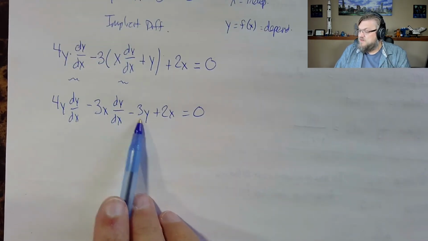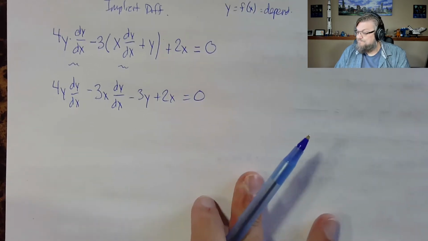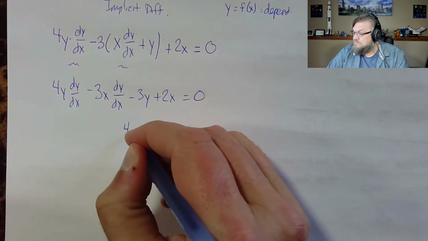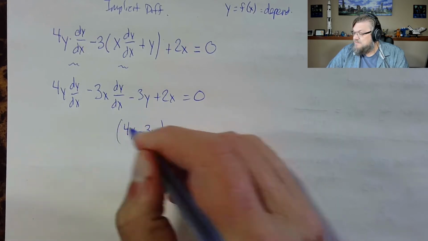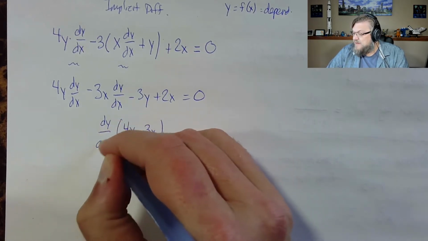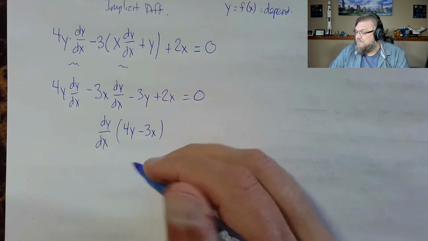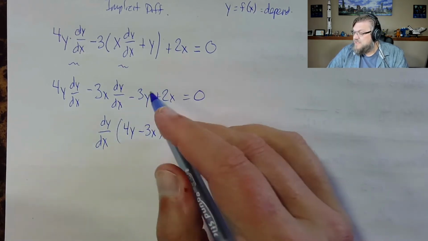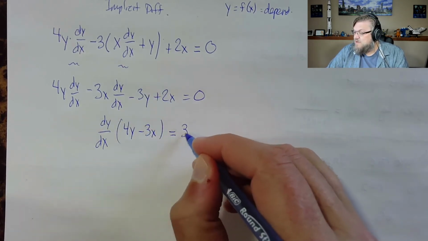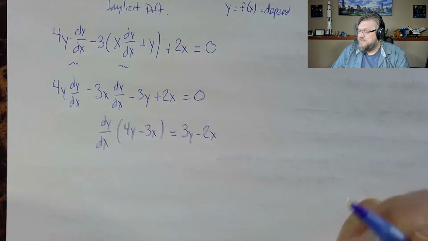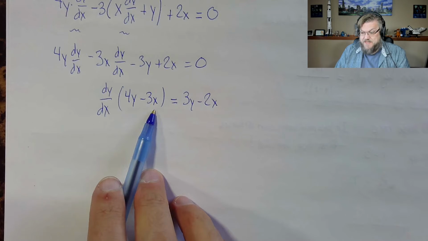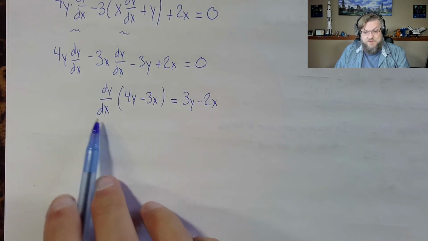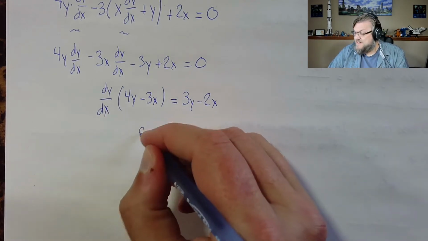I'm going to throw these terms over here to the right and factor out the dy dx. So I can do that, factor out the dy dx here, and I get 4y minus 3x equals, and then this gets over here. This goes 3y minus 2x. Then I can divide by 4y minus 3x and now get an expression for the derivative dy dx.